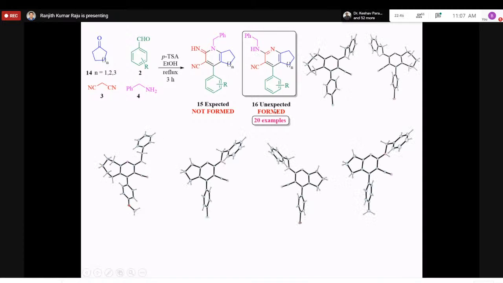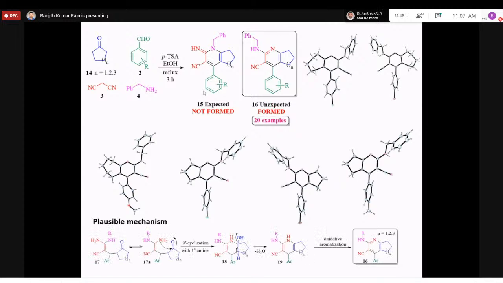Again in this case we illustrated the structure and had to propose the mechanism, and here you can see the cyclization between the primary amine and the ketone led to the formation of the unexpected product in the previous case. So we were successful in making compounds analogous to the drug glumancerin.